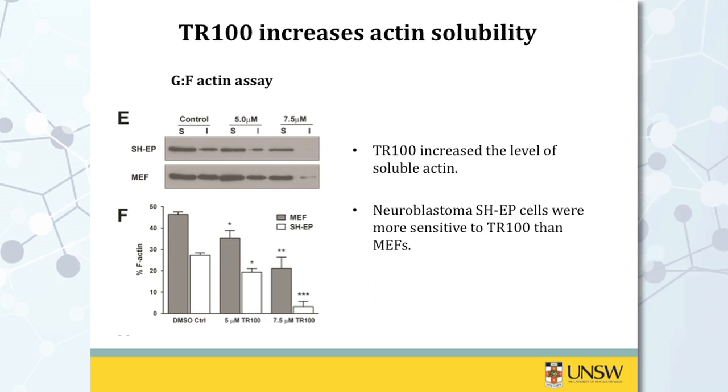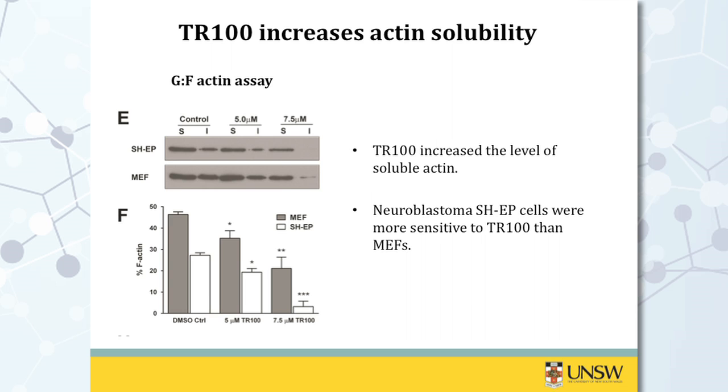Now, the way you do that experiment, and it's shown on the bottom left-hand panel, what we are measuring here is the stability of the actin filaments in a cell. And what you can see along the bottom is that as you increase the amount of the drug TR100, you decrease the amount of actin filament in the cells in a dose-dependent manner.